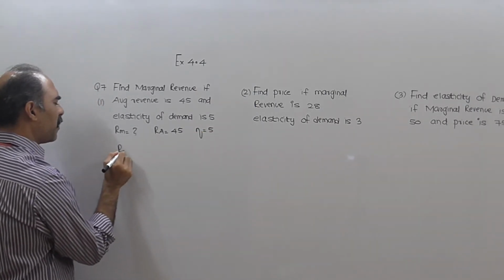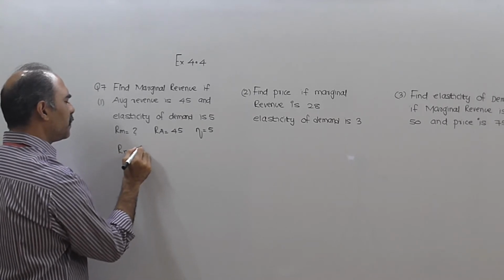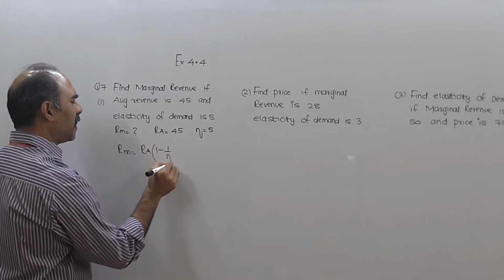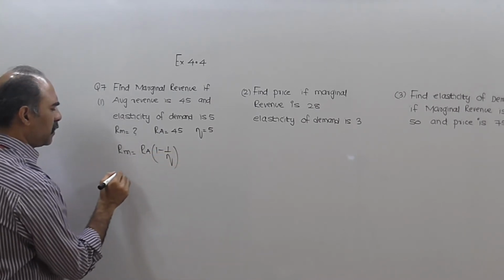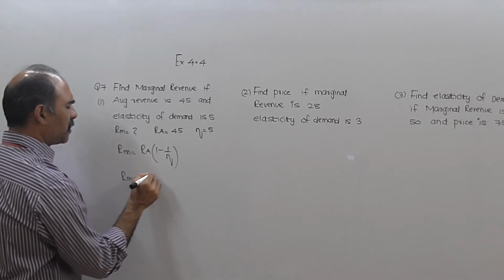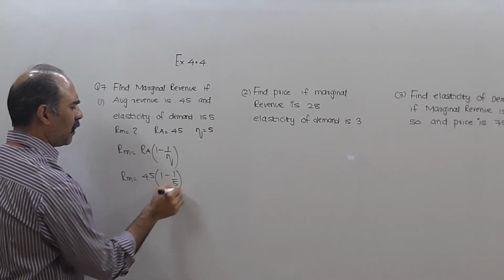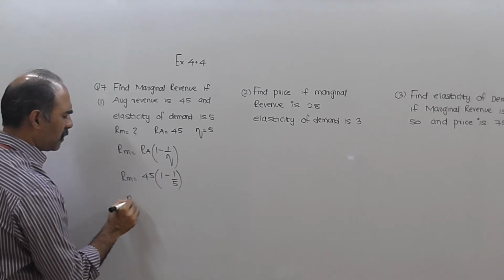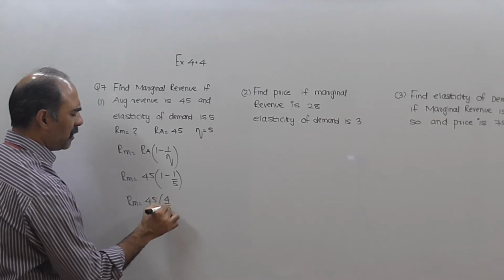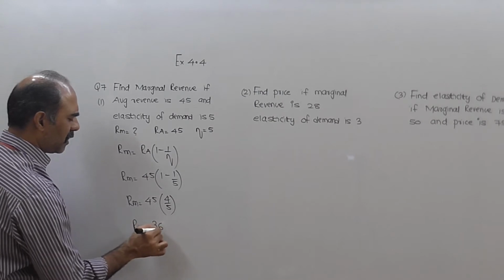Now there is a formula which says that marginal revenue equal to average revenue multiplied by 1 minus 1 upon eta. So average revenue is 45, 1 minus 1 upon 5. So we get this as 45 and this is 4 by 5. Therefore your marginal revenue is 36.